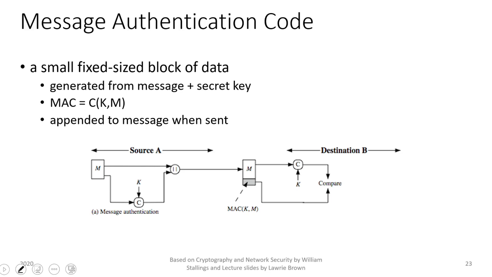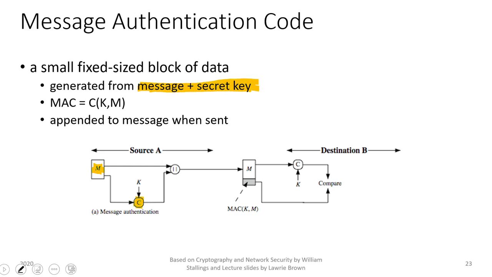So when we talk about message authentication code, the main idea is this. We have a message here, then we have a code generation function, but it will use the message and a secret key to generate the authentication code.